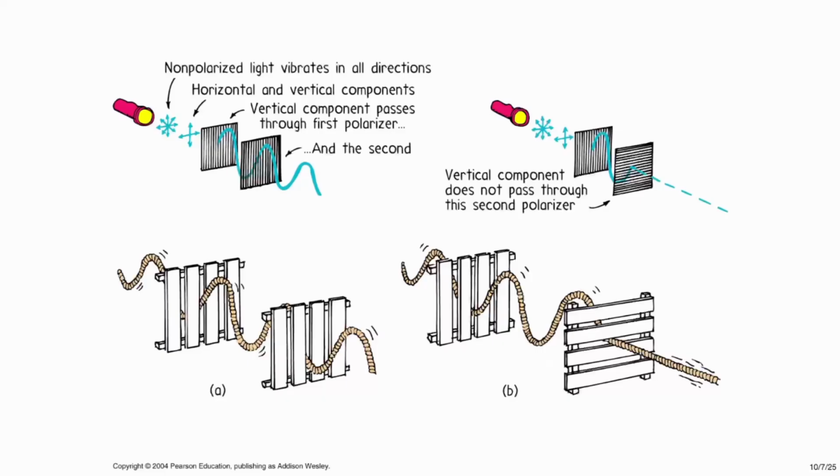But if you turn the fence against the direction of the wiggle of the rope, or in this case, maybe you have a polarizer, and I did this last time where the polarizer was vertical and the next polarizer is horizontal, then the rope can't wiggle. It's only going up and down, and now you're forcing it to try to go sideways, and there's no sideways part. Light does the same thing. Polarizers act like a fence, and they force the light to only wiggle in one direction.